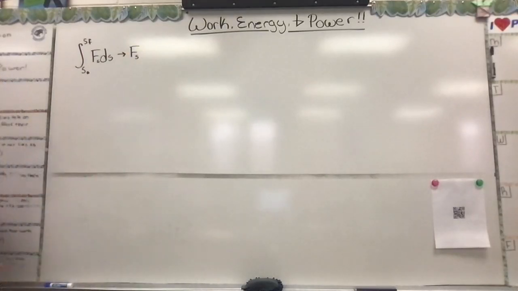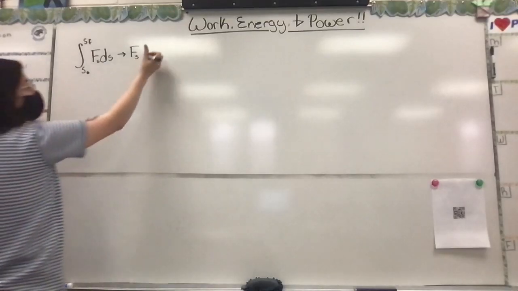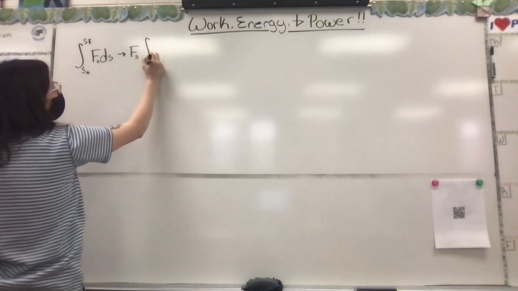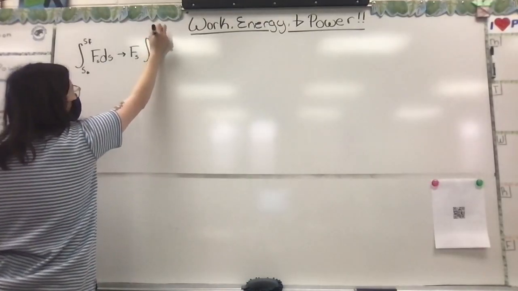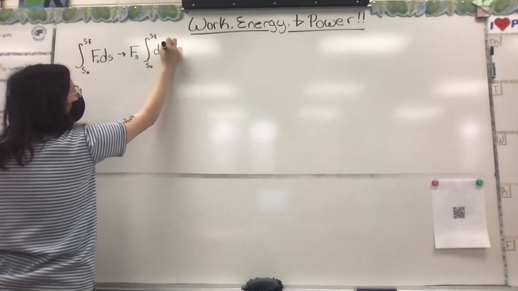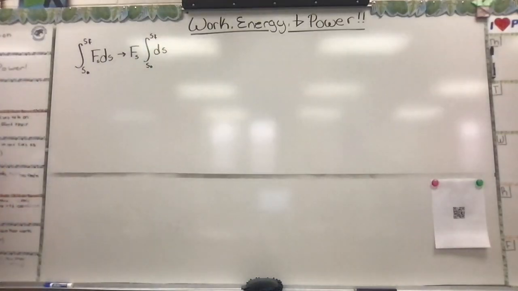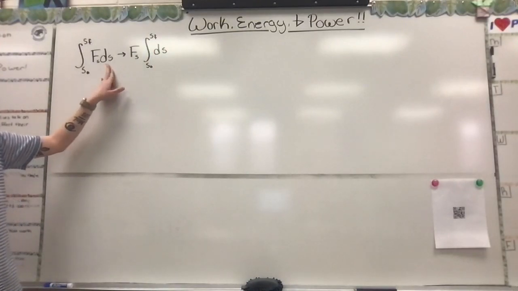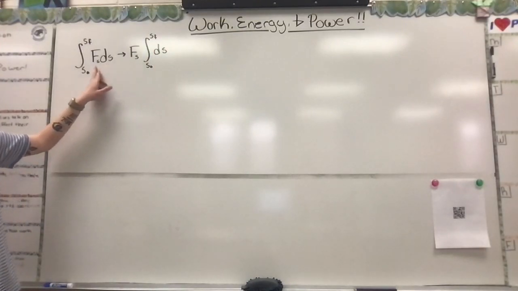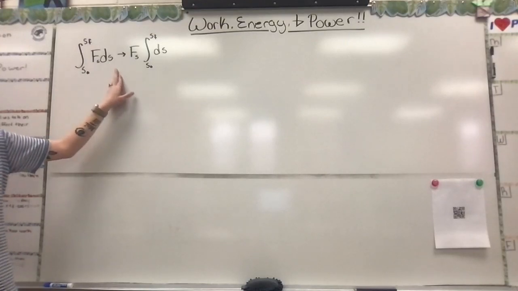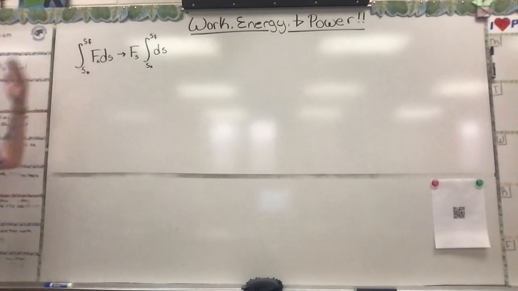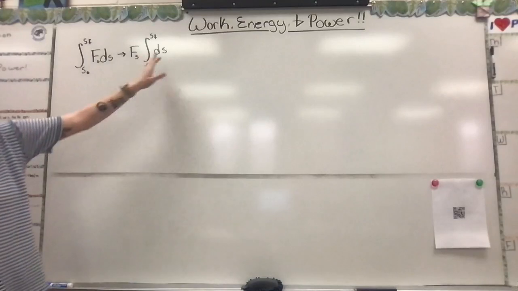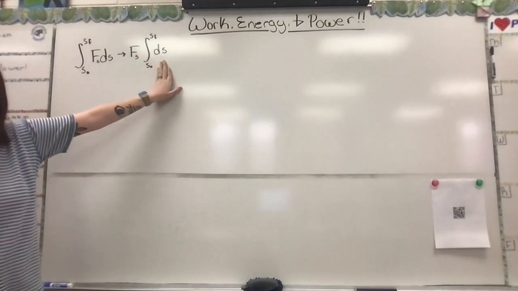The force, right? We'll take the force out, so we have the force on the outside as a constant. What we're integrating is the position, so that's why you see ds, it's a position. We're not integrating force, we're integrating position. So the force can come out and the position has to stay in.